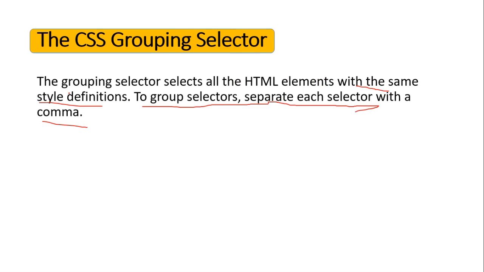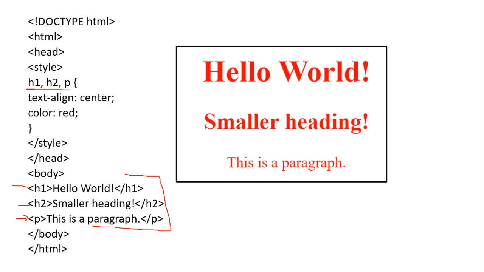This is a grouping selector. That means all of these heading 1, heading 2, heading 3 will have text-align center and the color red. So suppose you have different HTML text, and you want all of this text to have the same CSS properties, you have to declare it this way.